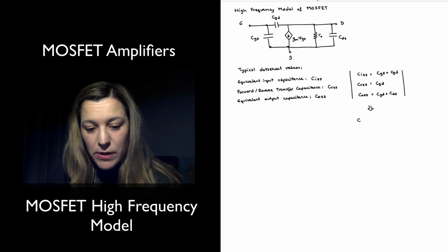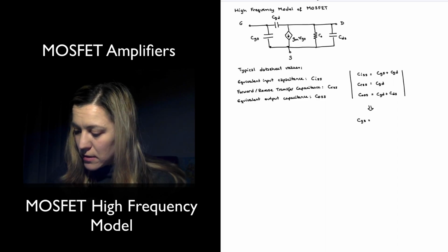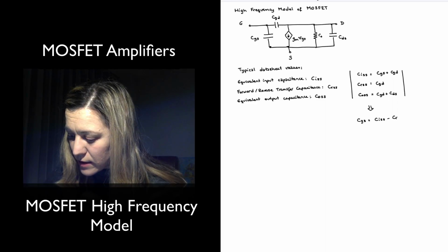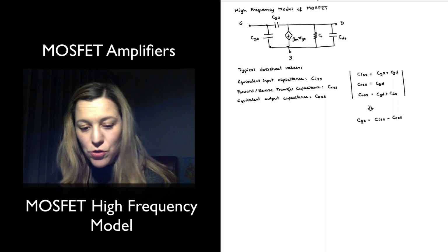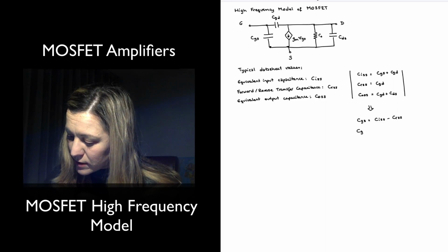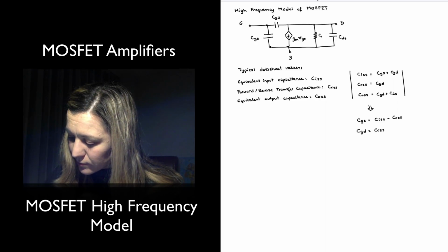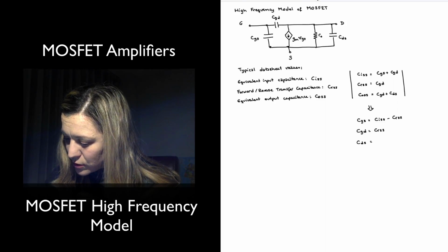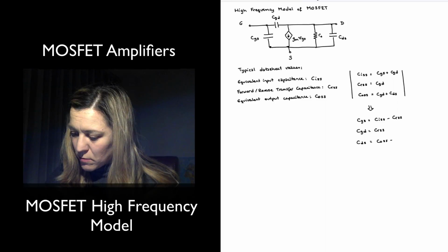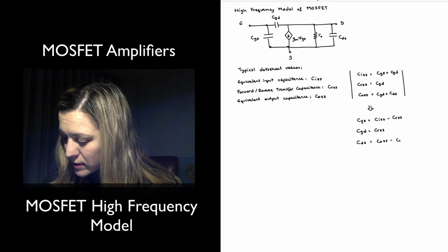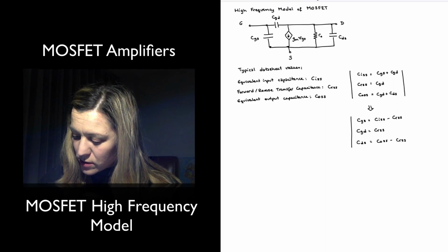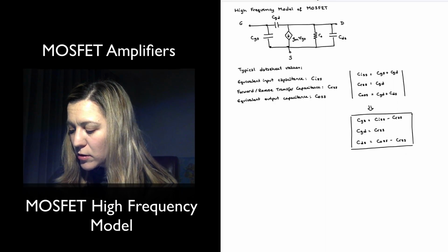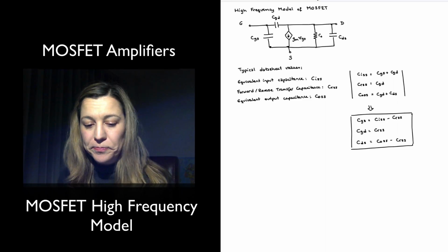That's basically CGS equal to CISS minus CRSS, simple equations. CGD is simply CRSS, and CDS is COSS minus CGD. With this, we should be able to calculate the three capacitances for our model from the data sheet.